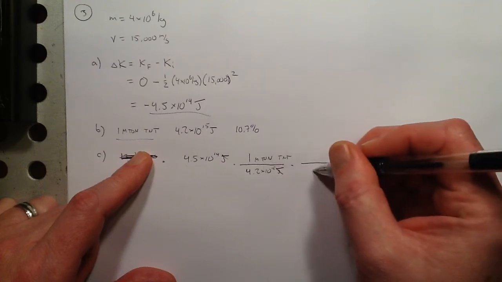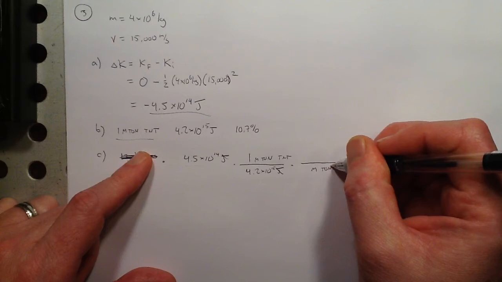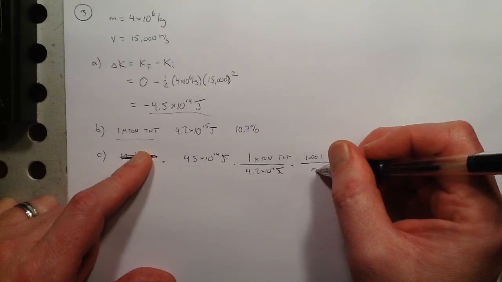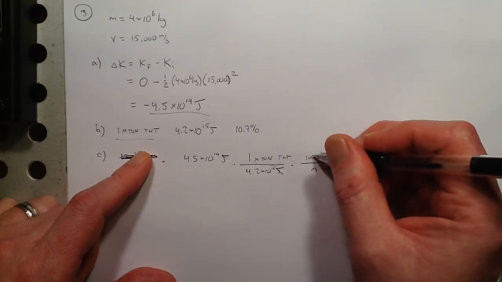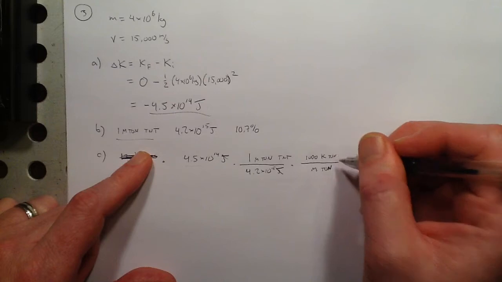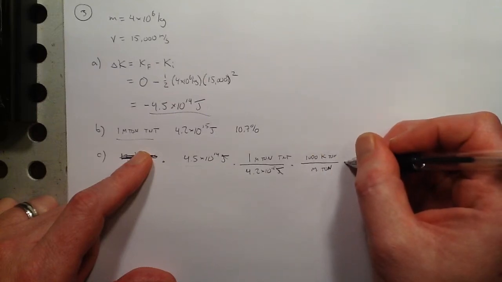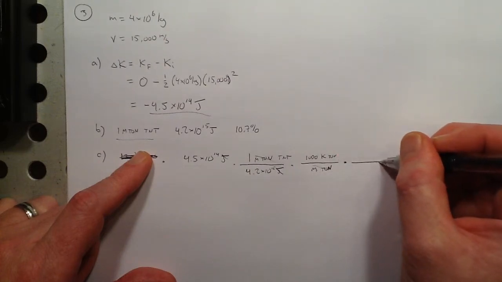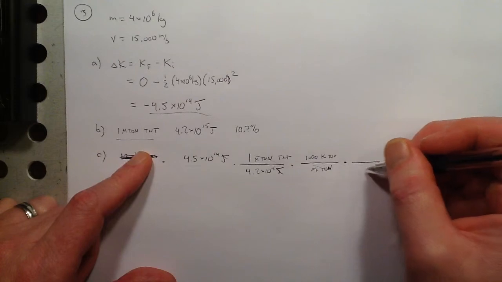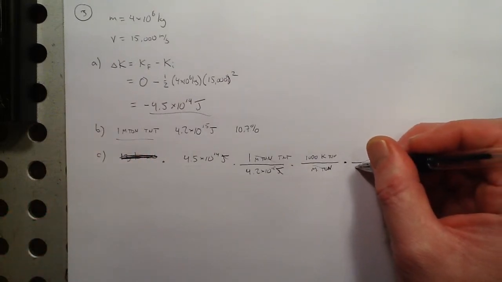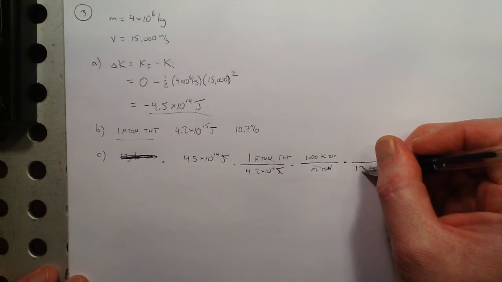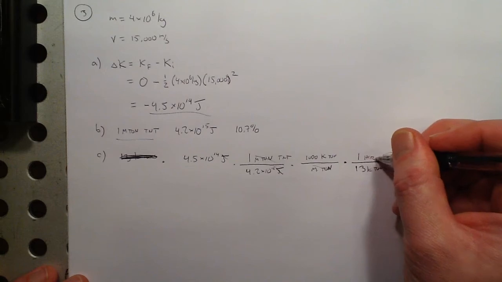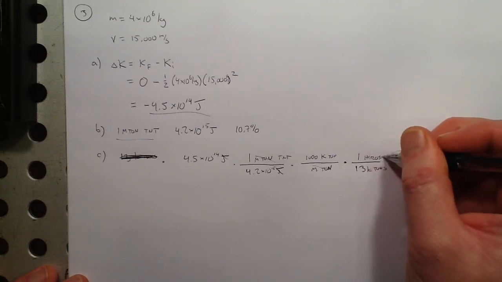So megaton is 1,000 kilotons. Mega is 1,000,000 and kilo is 1,000. So 1 mega is 1,000 kilotons. You could do that as 2 steps if you want to, depending on how you feel about that. So megaton, that's kiloton, and then I know that 13 kilotons is equal to 1 Hiroshima bomb.